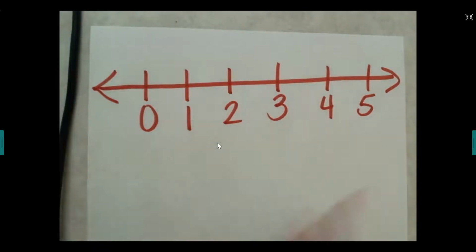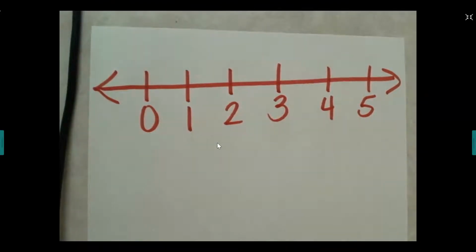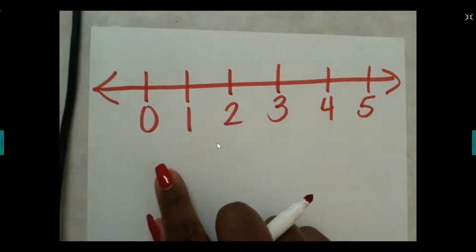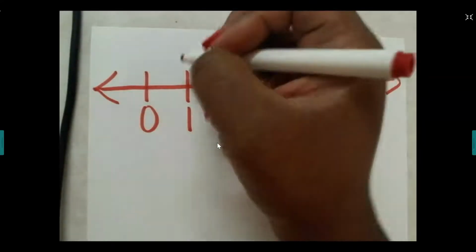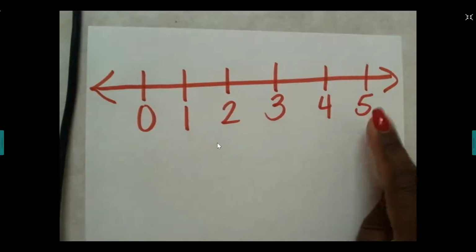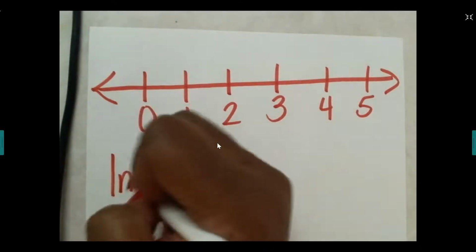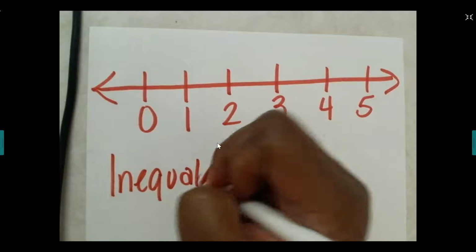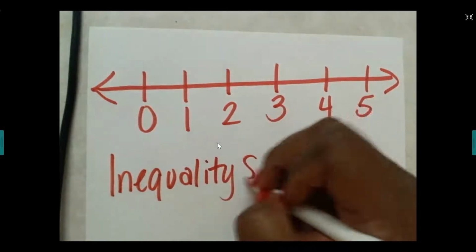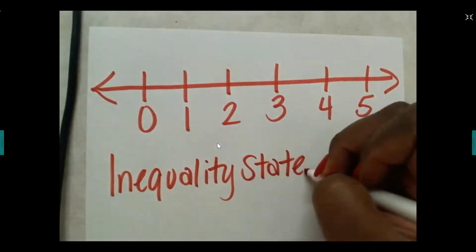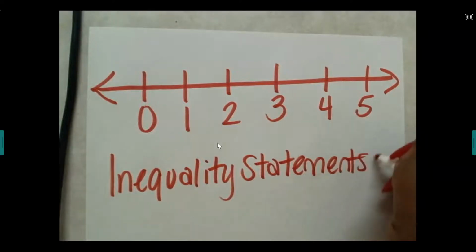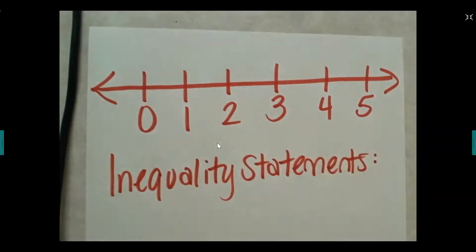As you were making this number line, we're then going to look to see what number is less than 5 on this number line. In other words, what inequality statements could I make using this number line?